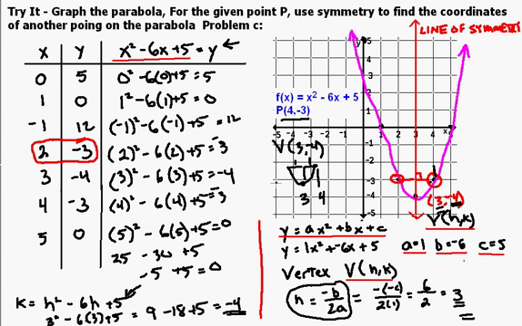We know that our reflection point is going to have an x coordinate that's 1 less than the vertex, so that would be 2. And we know it's going to be the same height as the original point, which we were given as negative 3. So the y coordinate of our reflection point would also be negative 3.